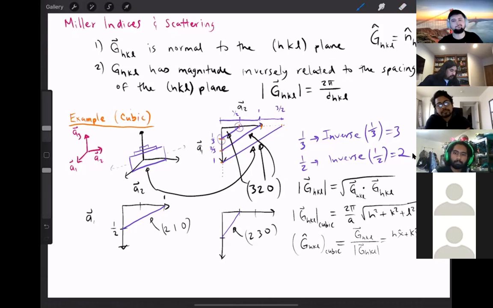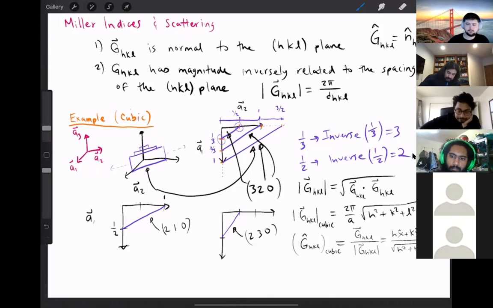The unit vector, sorry, I'm messing up. Yeah, exactly like that, divided by the square root. The 2 pi over A's are going to cancel because they're on the top and on the bottom. And you get this.